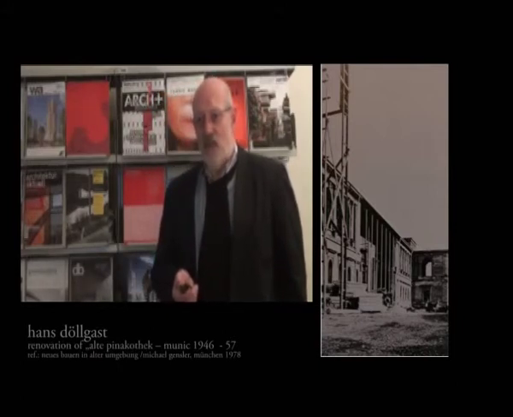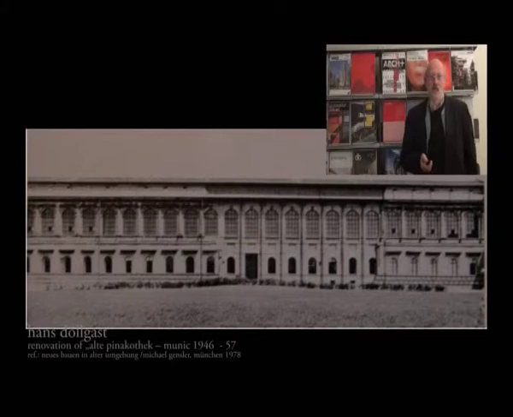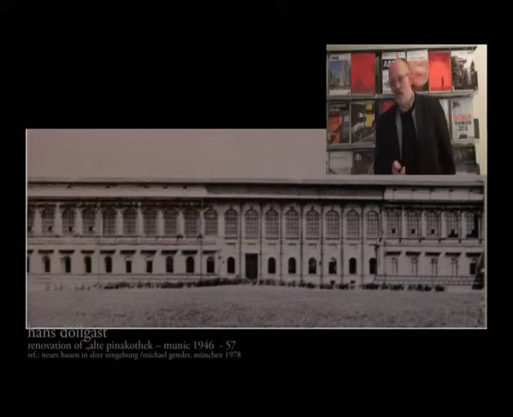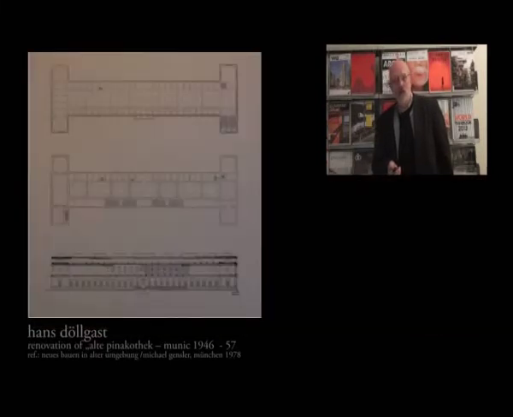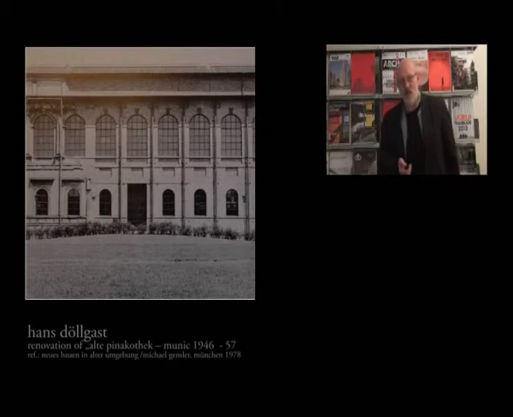What was the history of this? The old building is by Leo von Klenze, from 1826 up to 1836. It was destroyed in World War II, and the Alte Pinakothek was rebuilt by Hans Döllgast from 1946 to 1957, and he used the bricks of other destroyed buildings and materials which he could get in this period immediately after the war.